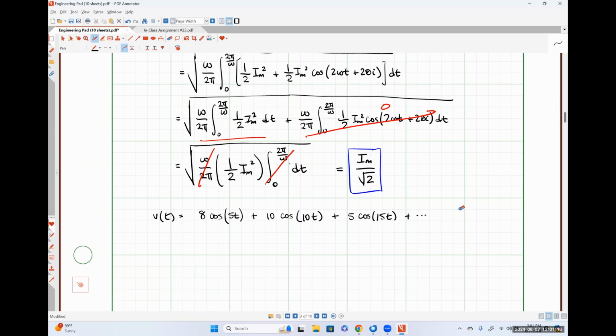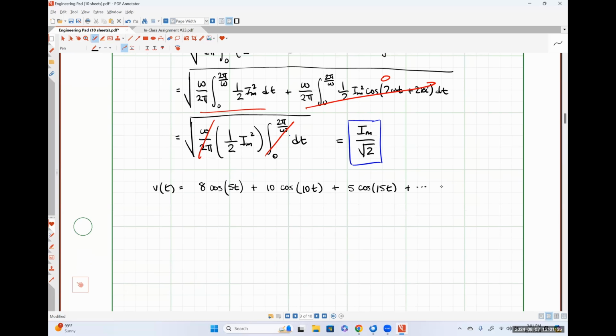So if we wanted the effective value of this signal, we could use our generic equation, but it gets really gross really quickly because we have all of these multi-frequency terms. Well, as it turns out, there is a simple method for determining the effective value of a signal that just contains multiple sinusoids. It works as follows.